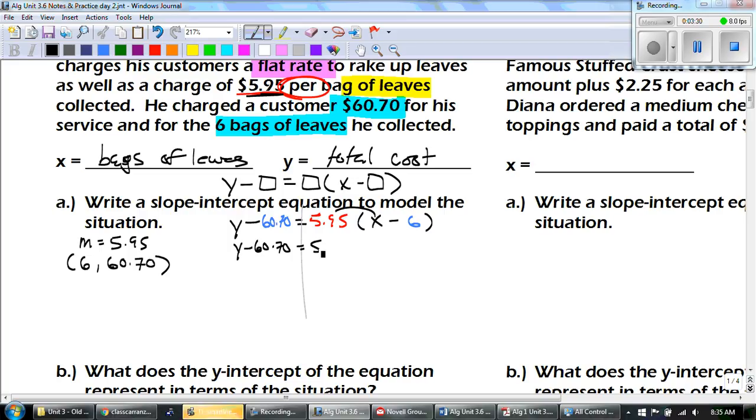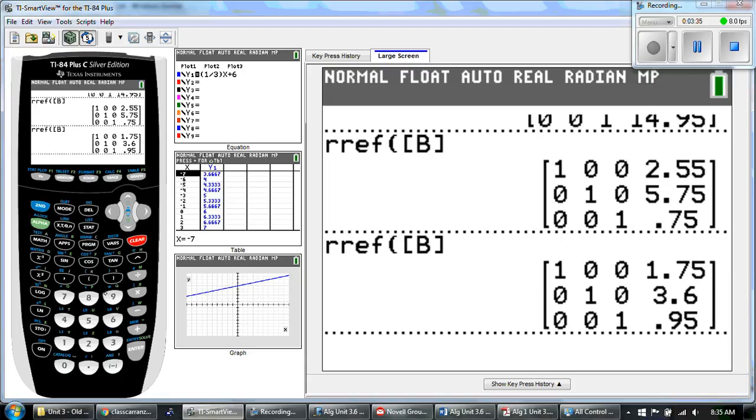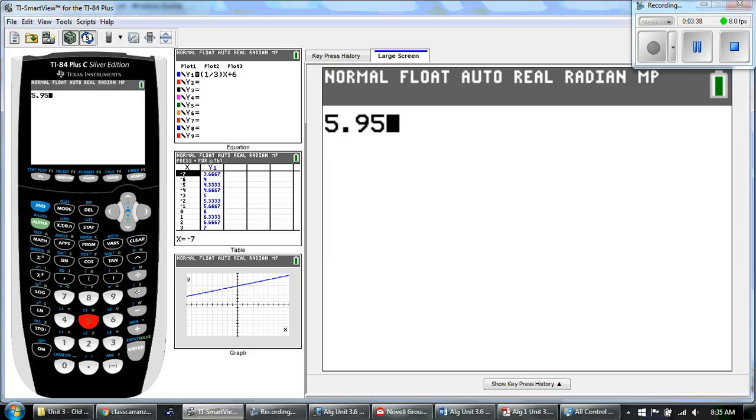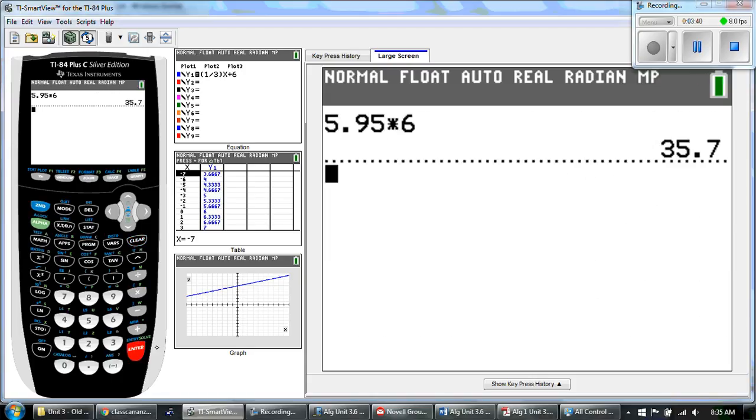We distribute to get 5.95x minus 5.95 times 6, which is 35.70.